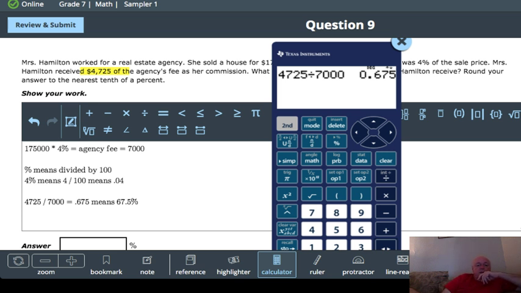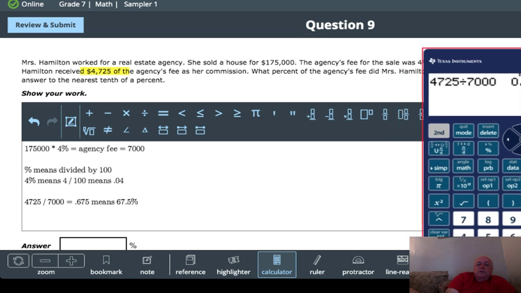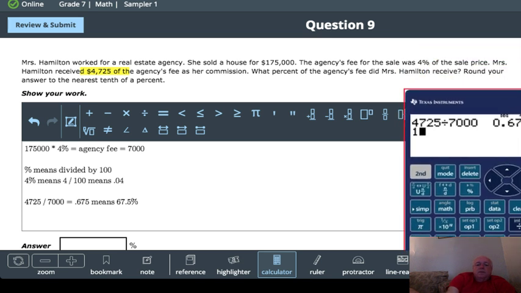And then it says round your answer to the nearest tenth of a percent. So that seems to be the case. Let me just double check some of this. We have 175,000 times 0.04. We get 7,000.